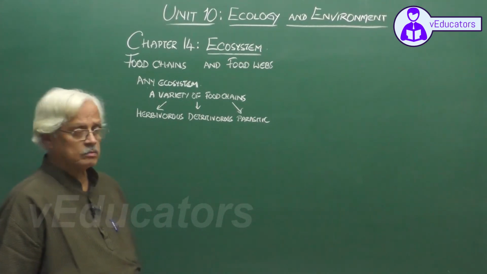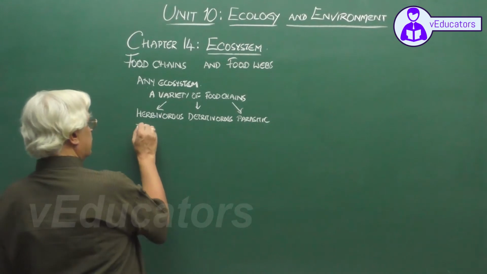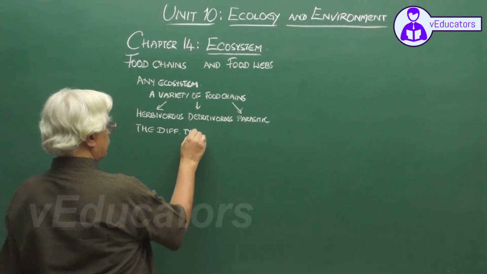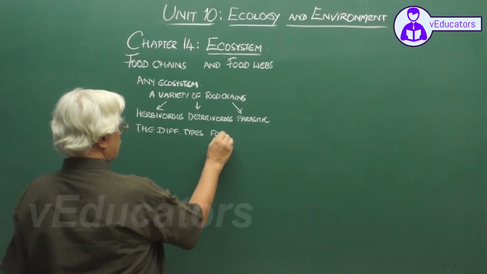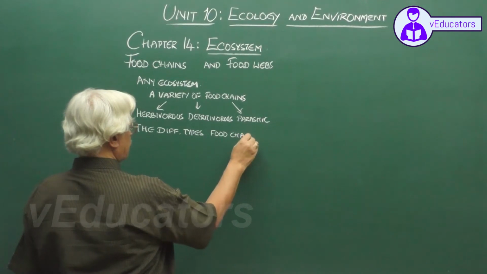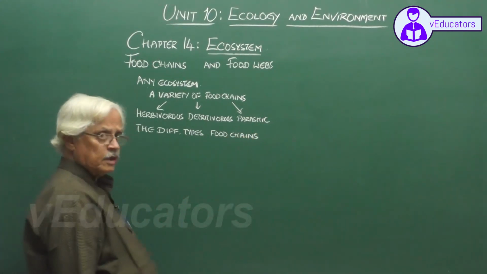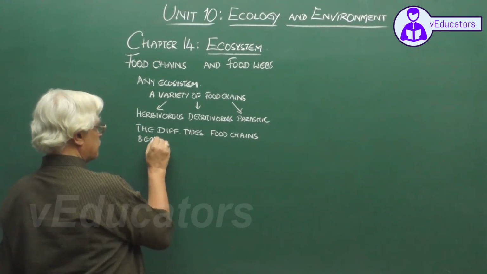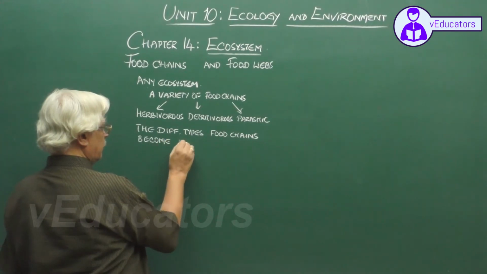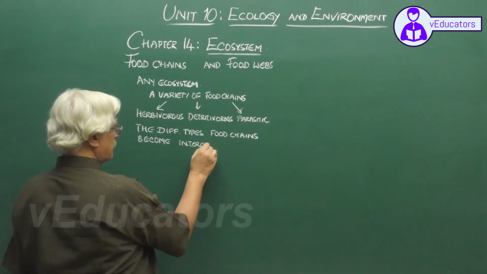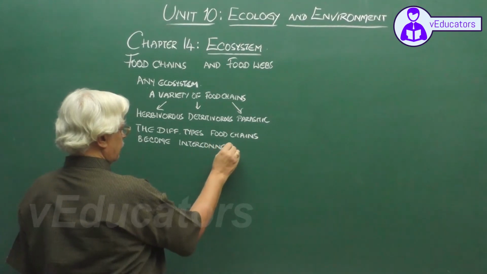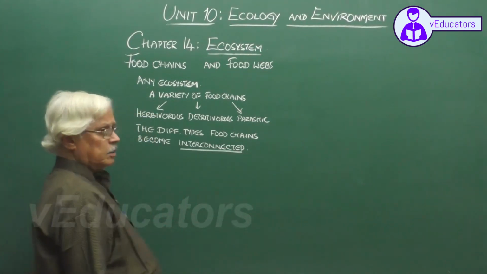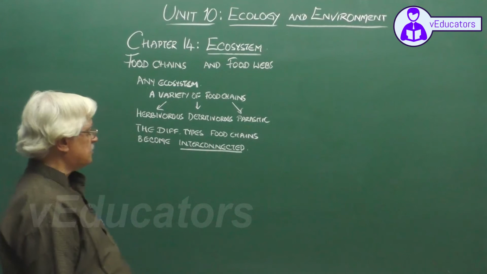Therefore, it is possible that the different types of food chains in a given ecosystem become interconnected, because any one given plant or any one given animal can be a part of several food chains.